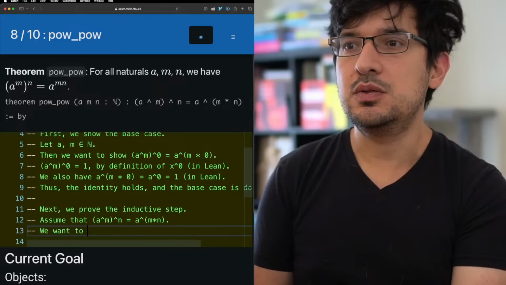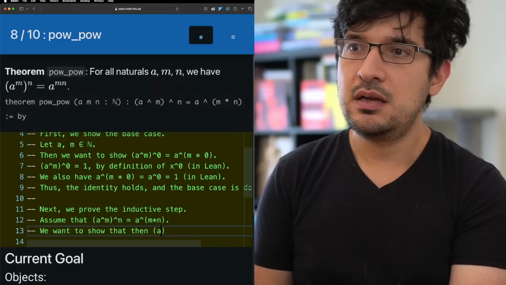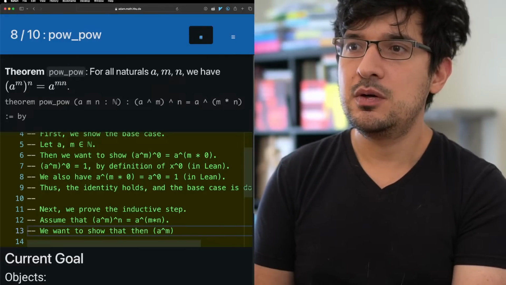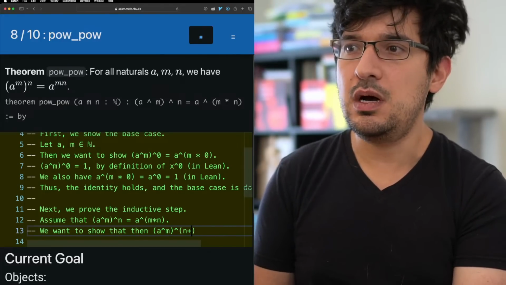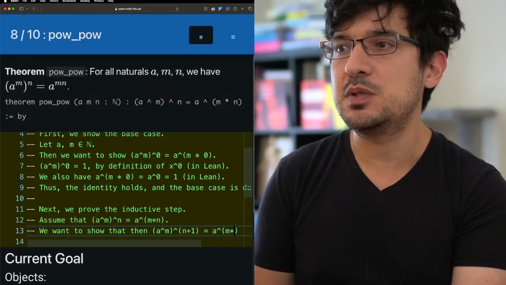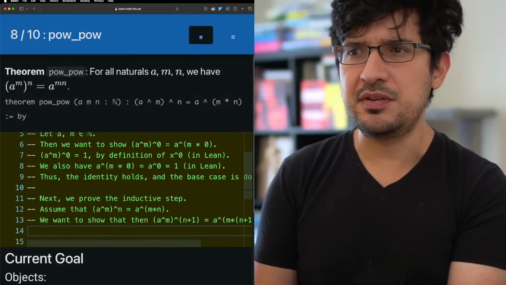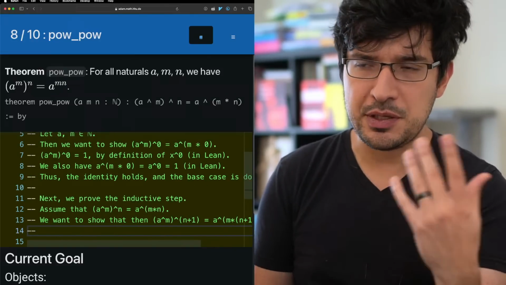We want to show that then a raised to the m raised to the n plus 1 equals a raised to the m times n plus 1. I'll keep the parentheses there to be extremely explicit.